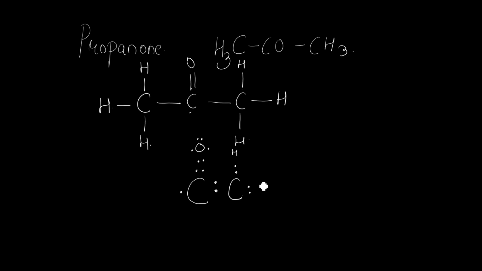Then again 1 electron of carbon, 1 electron of hydrogen, 1 electron of carbon and 1 electron of hydrogen. Then in the other carbon, you can write carbon and hydrogen, 1 electron of carbon, 1 electron of hydrogen, and so on for each of the three hydrogens.